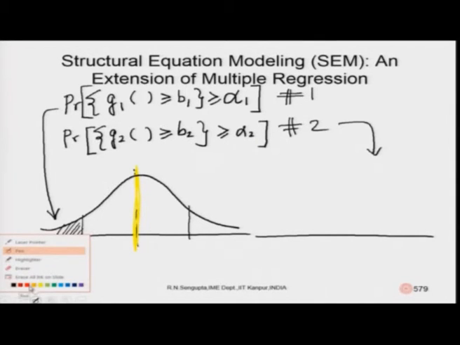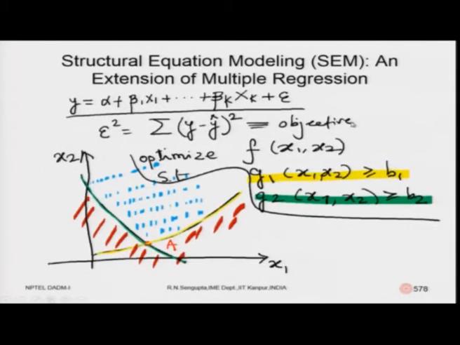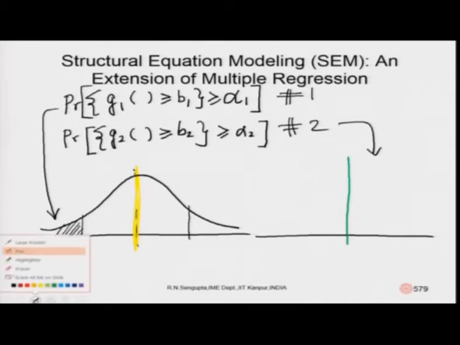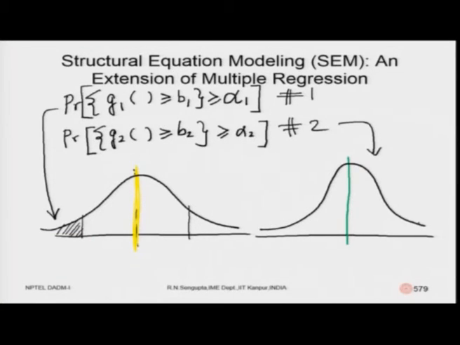I will draw the mean value in green color, the mean value here. We will come to the red point, which is A, later on. This is alpha 2.